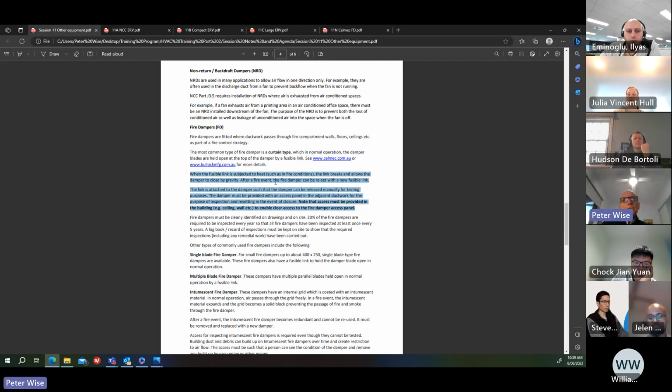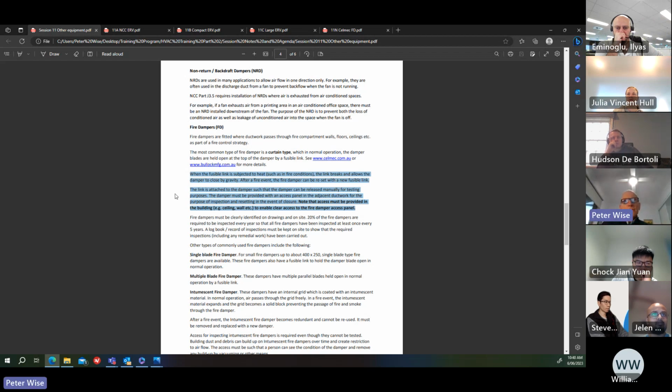After a fire event, the fire damper can be reset with a new fusible link. But obviously, if you've had a fire, then maybe that's not possible. But if it closed because it got hot, you can reset it. If there's been a major fire, then you probably need to start again and build a whole new system, no doubt.